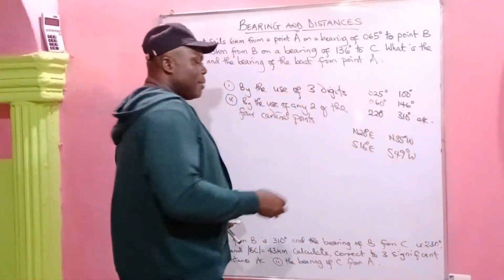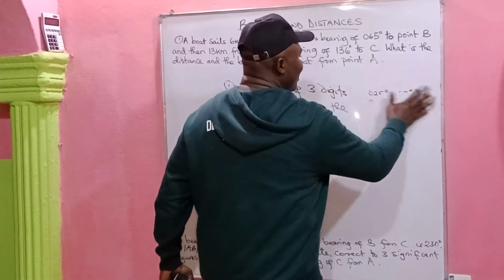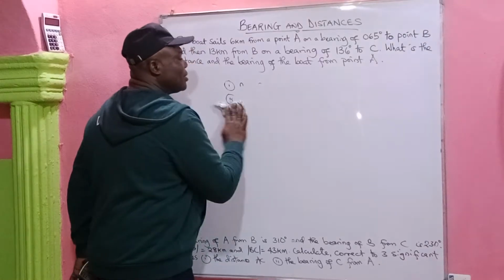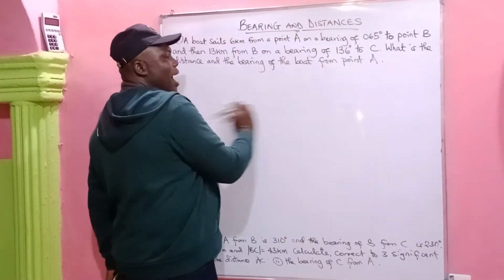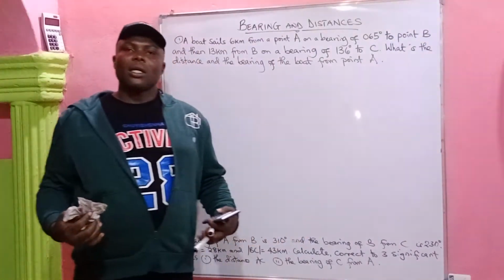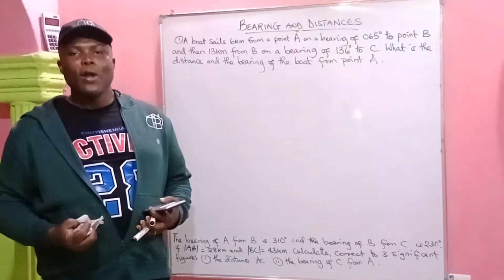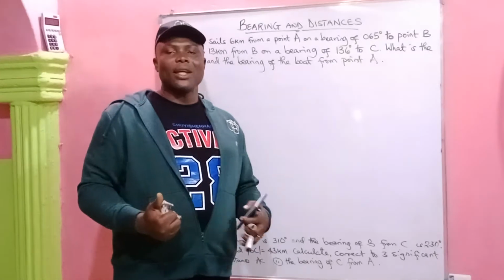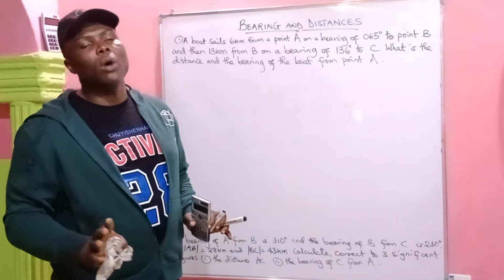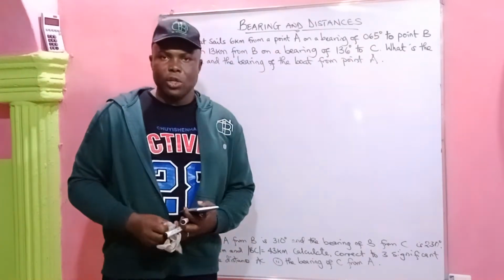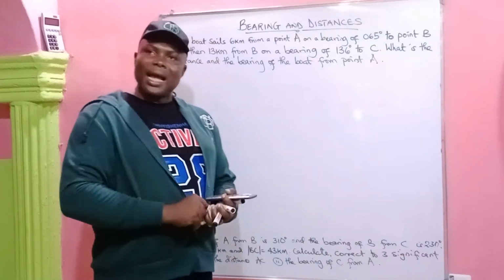Let's take some examples. Before you proceed on these bearings, understand that if you have not attended the class or you have not seen our videos on sine and cosine rule, please go back to sine and cosine rule, understand it perfectly well before you return to this slide for the bearing and distances.